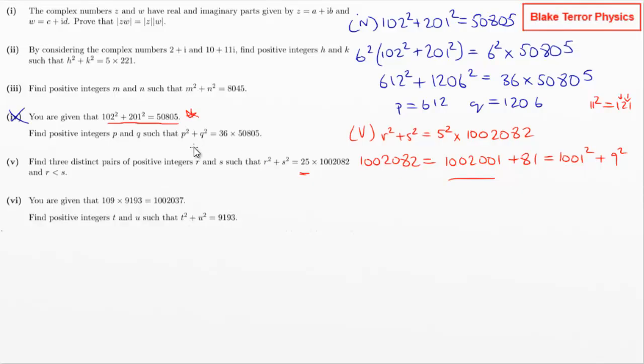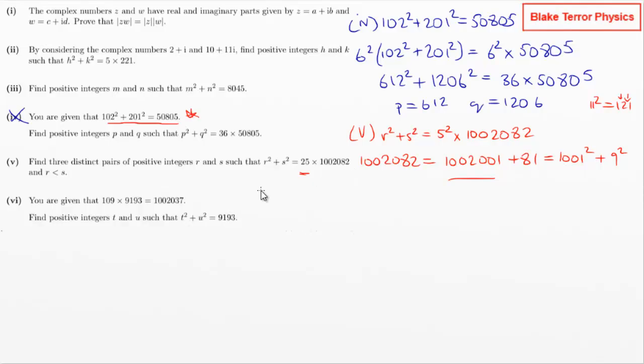So that's good. And now I need to multiply by 5 squared on these things. Actually, that's only giving me 1 pair though, isn't it? I want to get 3 pairs out of all of this. Anyway, I might as well bank that 1.